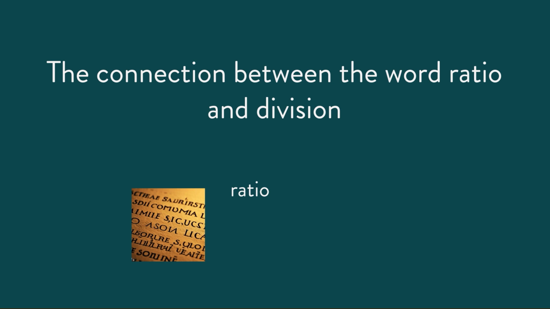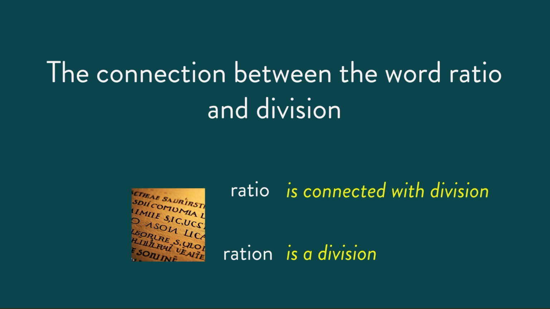Ratio is the root of another English word, ration, a share of something, particularly in times of scarcity. That is, a ration is a division. Ratio is the root of ration, which is connected with division. Therefore, ratio is connected with division.